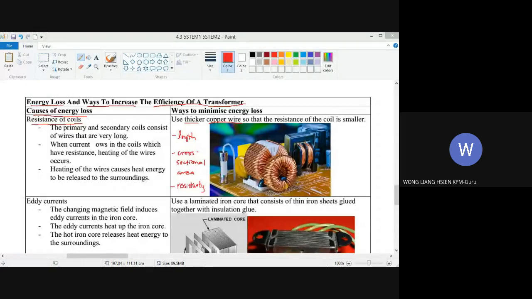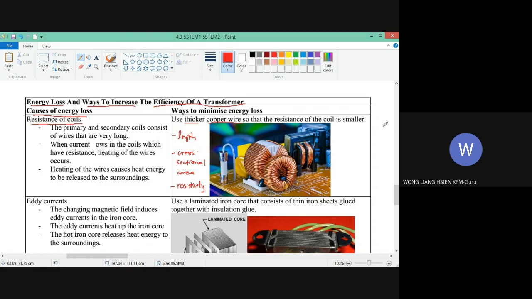For example, quite a lot of students just say use shorter wire, shorter length, because they did not think about the practicality in the context of the application of the transformer, of the length of the wire in the transformer. So if you say use shorter length, that answer cannot be accepted, because it's not practical.